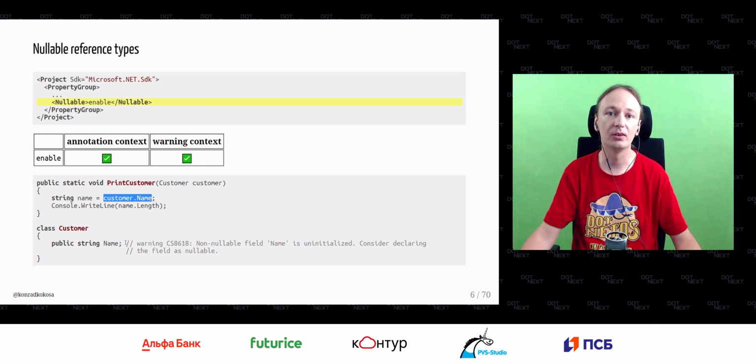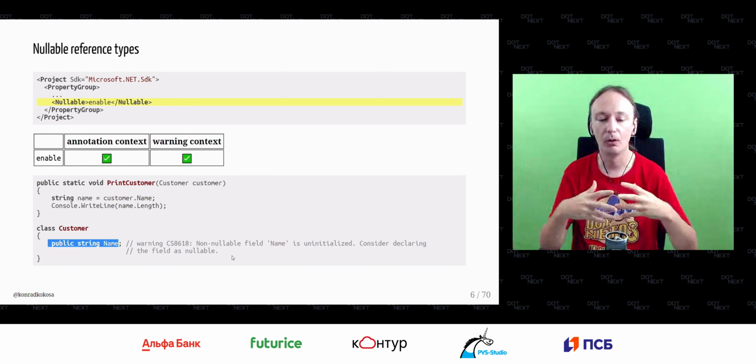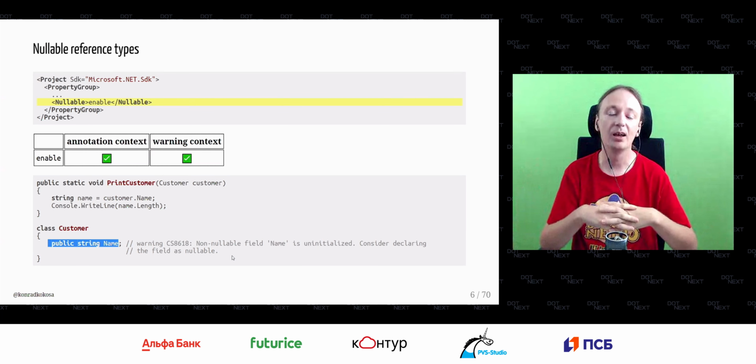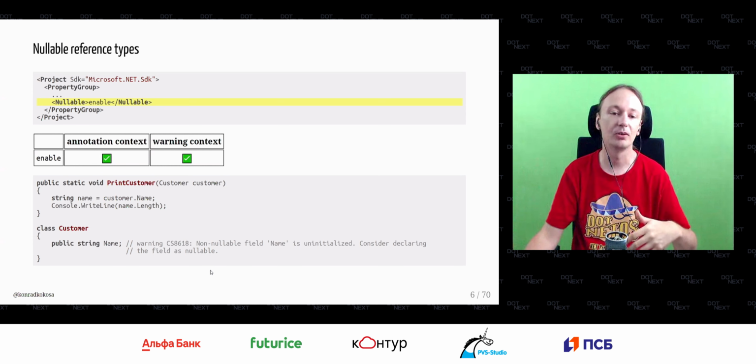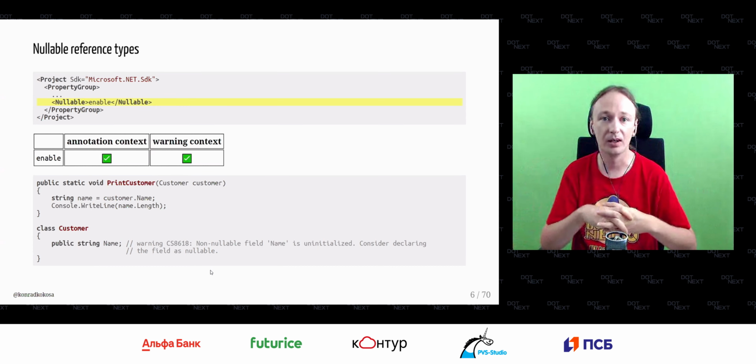Obviously we will have warnings here. For example, if we have a customer class with such a field and it is not initialized, we will get a warning that we have a non-nullable field, so it should be initialized. All this is interesting because it seems that maybe it will make our software faster, because obviously checking for nulls would be a kind of overhead.